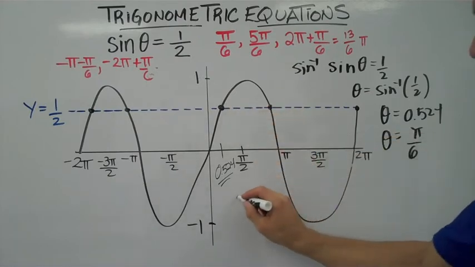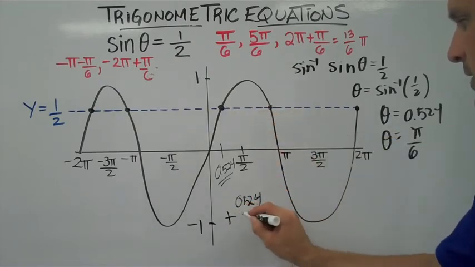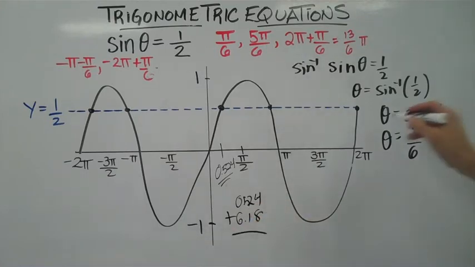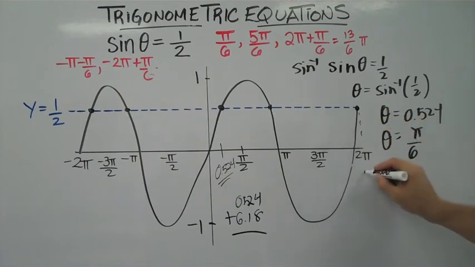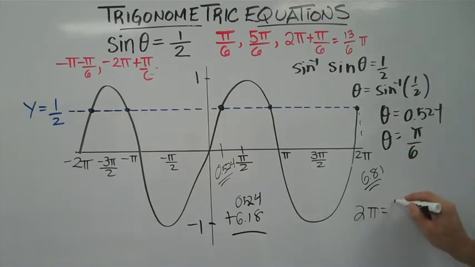So if I add 0.524 plus 2 pi, which is 6.28, I will get 6.81, which is a little more than 2 pi. Why does that make sense? Because we know that 2 pi is equal to 3.14 times 2, or 6.28.